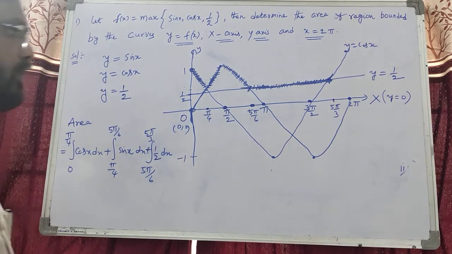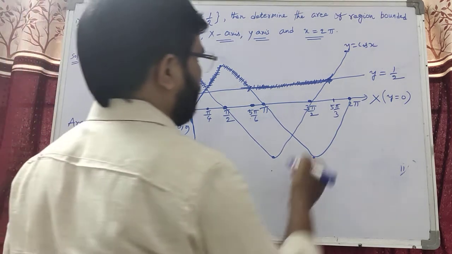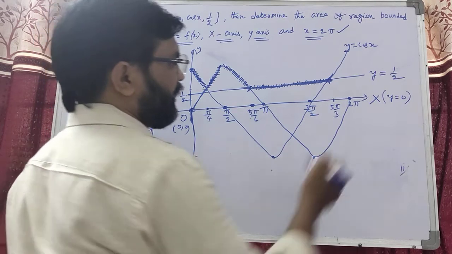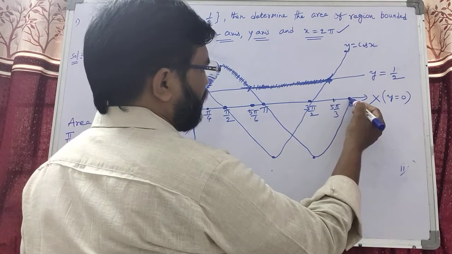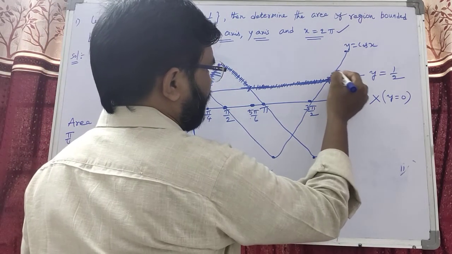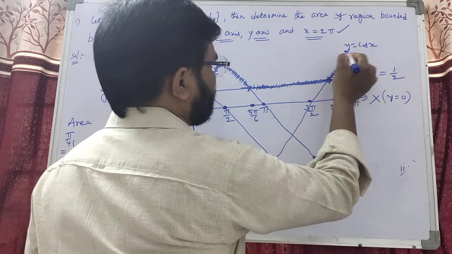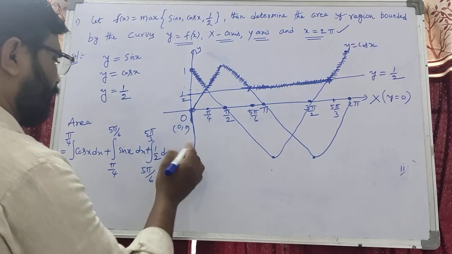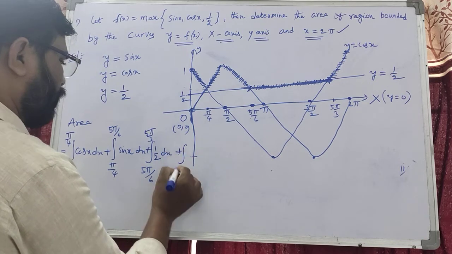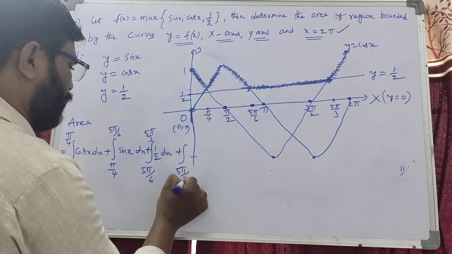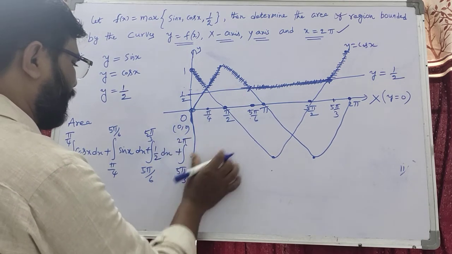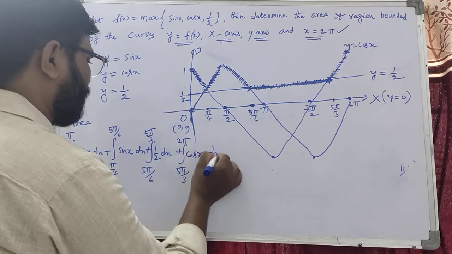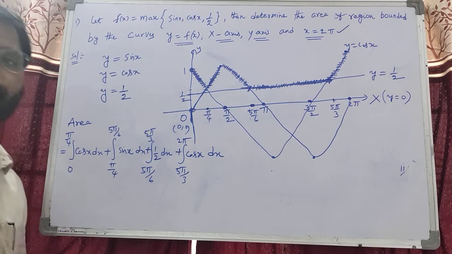Now students, we can observe the maximum limit is 2 pi. Here from 5 pi/3 to 2 pi, the upper curve is y equals to cos x. Therefore, undoubtedly we take the integral from 5 pi/3 to 2 pi of cos x. This is the method, either for maximum or minimum.